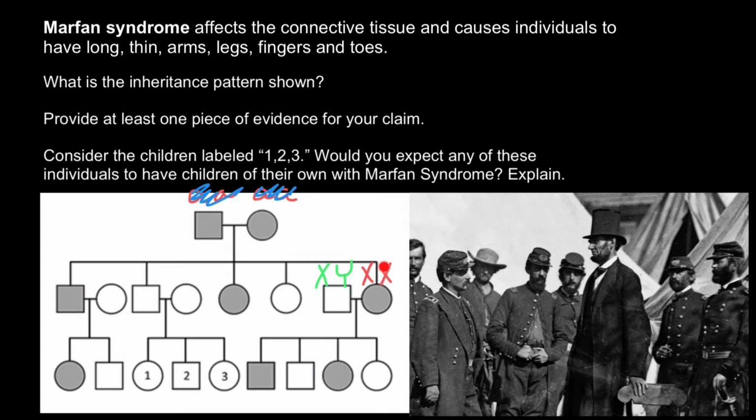In this scenario, this female cannot be affected because she can get one defective X chromosome from her mother's side, but another normal X chromosome she's going to get from the father's side. So she's going to be heterozygous, and if it is an X-linked recessive genetic disorder, she just cannot be affected.